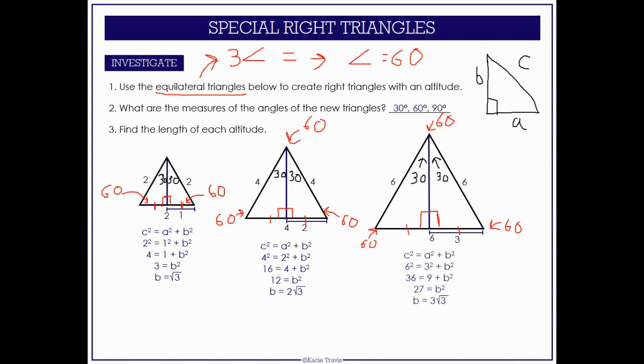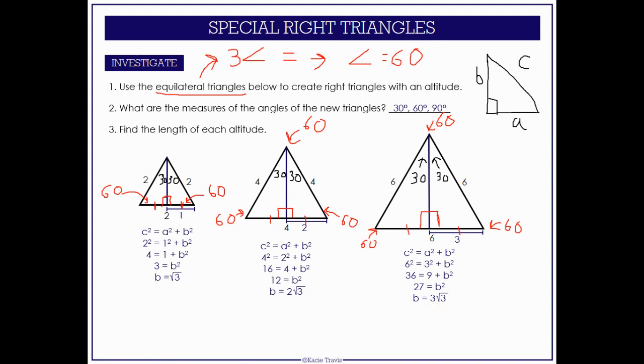Now for the last one, same thing, just a different bit of work. We got 6 squared and 3 squared. That's 36 and 9. I subtract both sides by 9. That's how I got this 27. Now the square root of 27 simplifies into 3 square root of 3. Okay?